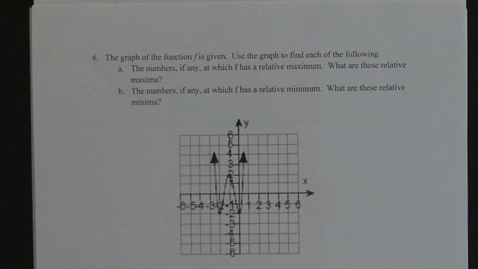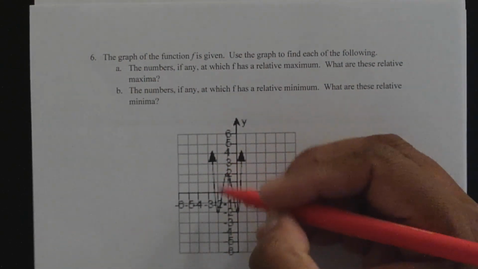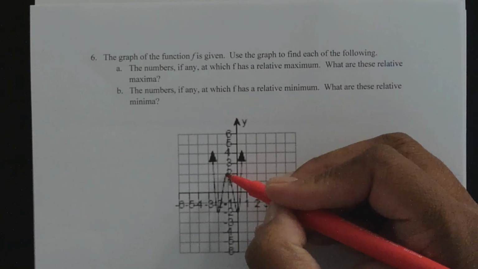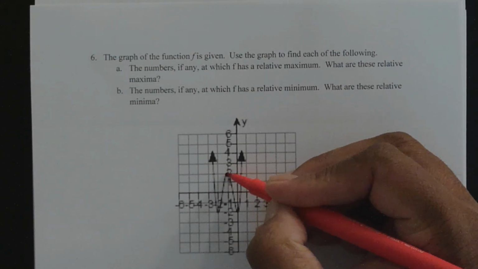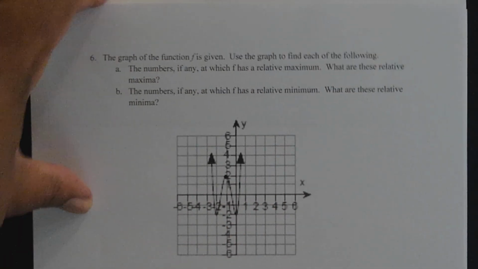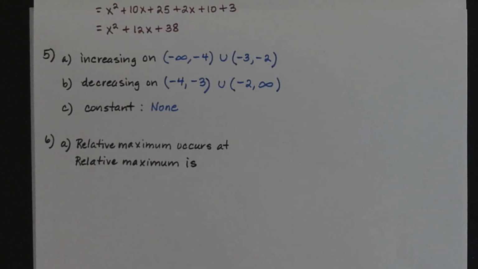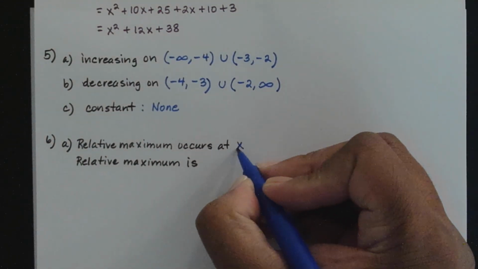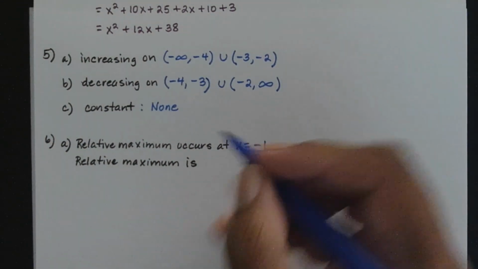All right, so by looking at this, the highest point here would be right here. Now, what would be the x value for that relative maximum? -1. That's where that relative maximum occurs. So the relative maximum occurs at x equals -1.